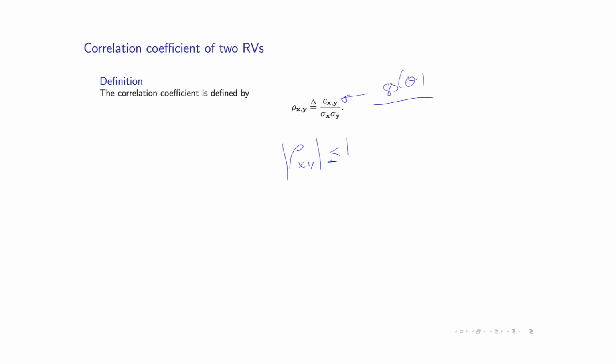The correlation coefficient of two random variables is basically the covariance divided by the product of the standard deviations. You can easily prove that rho xy is always smaller than or equal to 1. It is equal to 1 if they are in the same direction, because this is basically the cosine of the angle between them. So the correlation coefficient is between 0 and 1.